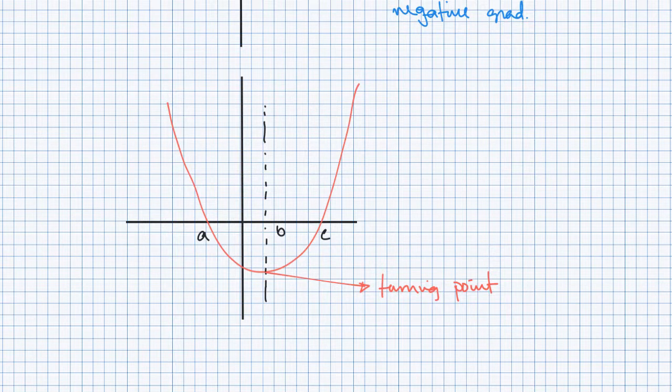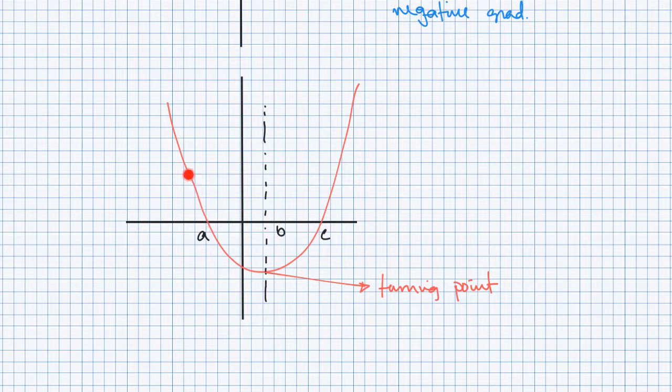All right, now let's get back to what we're doing: increasing and decreasing functions. The question on an exam paper will ask you for the range of values of x for which the function might be increasing or decreasing. What I want to put to you is this. If you look at this function coming down here, you will realize that for every part of this curve going down, the gradient is negative.